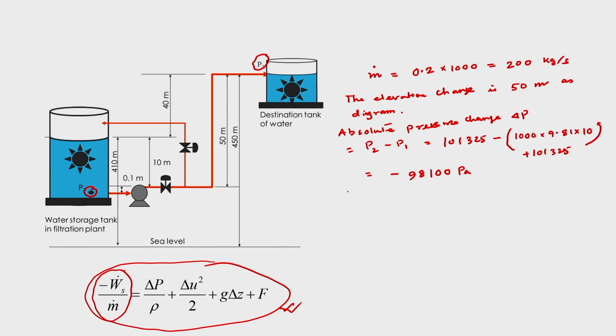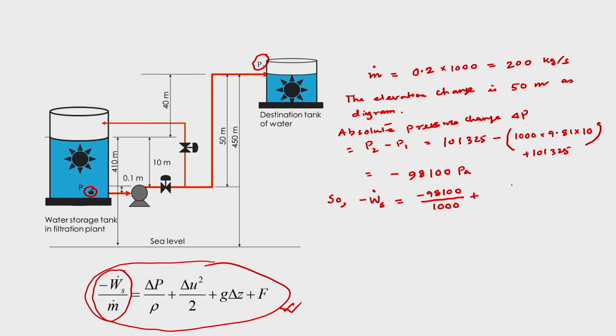So we can write minus Ws dot equals delta P by rho, where delta P is minus 98,100 Pascal, divided by rho, the density of water, plus the kinetic energy change.